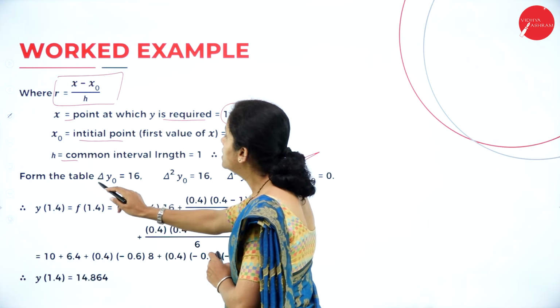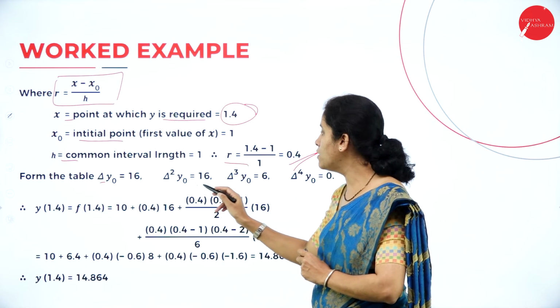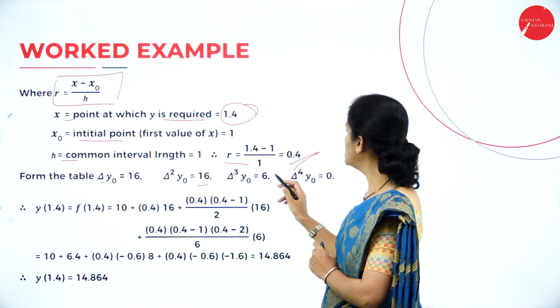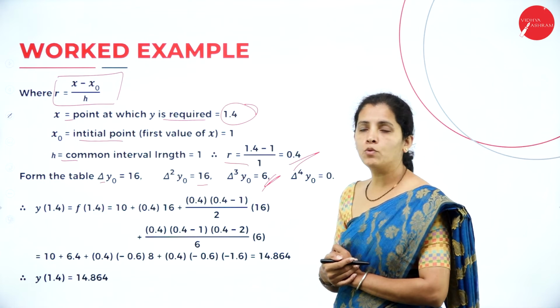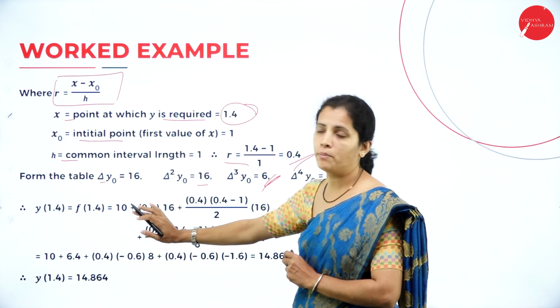Okay, now see here. I got delta y naught 16, delta square y naught 16 and delta cube y naught it is 6. And I'm going to substitute all these values in the formula.